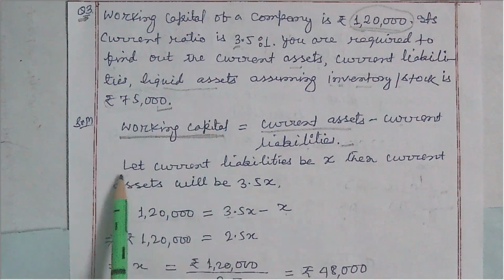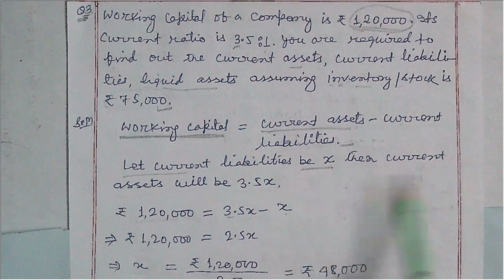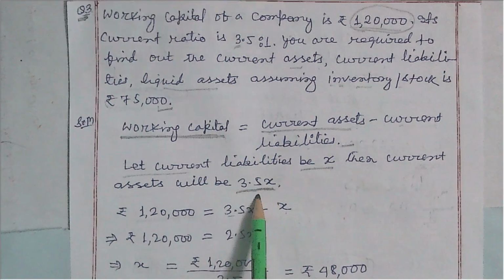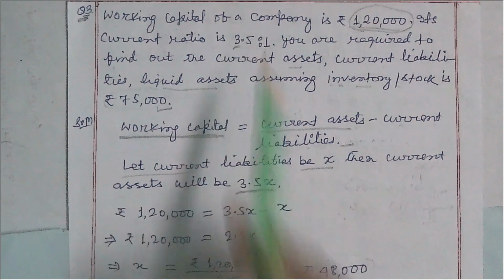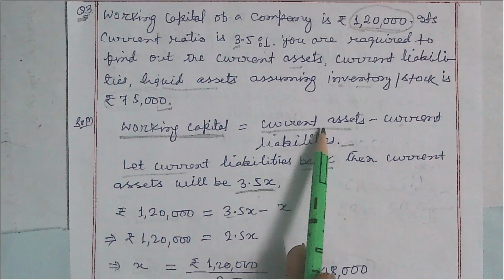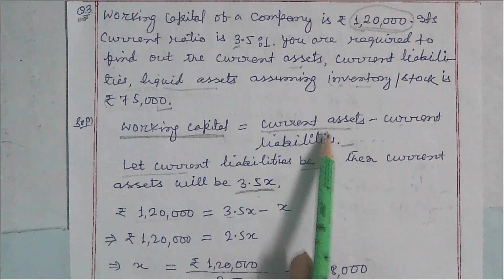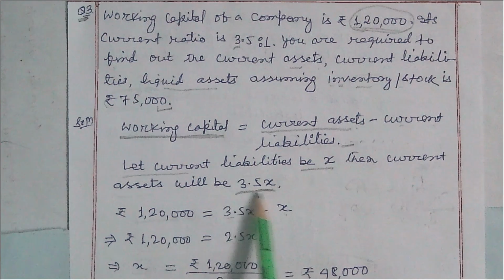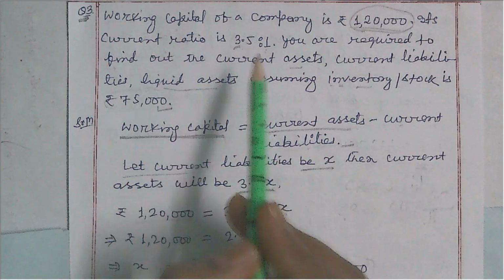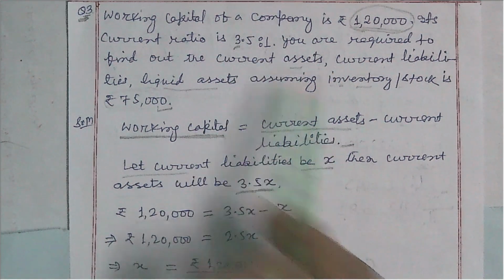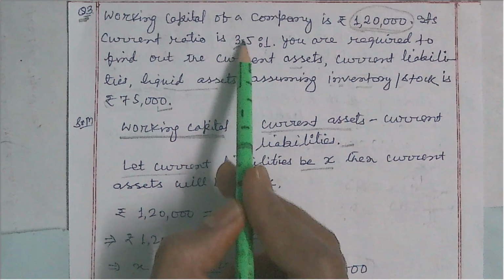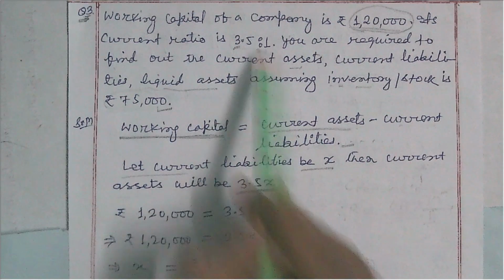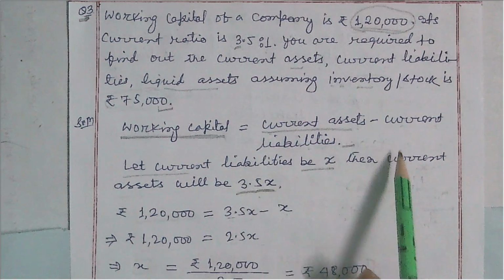So let current liabilities be x, then current assets will be 3.5x. Current assets divided by current liabilities is the current ratio formula, and it means that current assets are 3.5 times that of current liabilities.